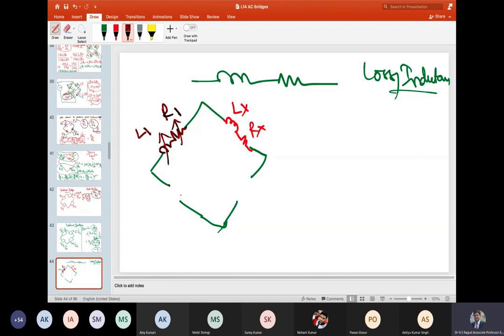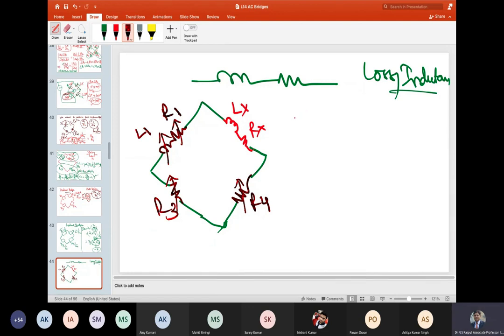On this side, I can take R3, a resistive one. On this side, I can take R4. These are also variable, so I can create the condition of balance, right? So when I create the condition for balance, right? So what to do?